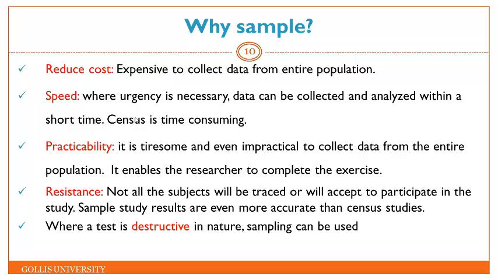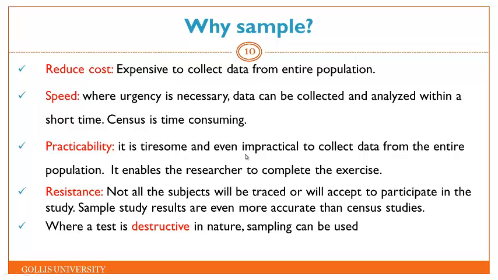That is census. But when it comes to sampling, collecting the data is very, very simple compared to a census kind of method. So speed is another reason why we do sampling. Practicability is also another reason why we do sampling.